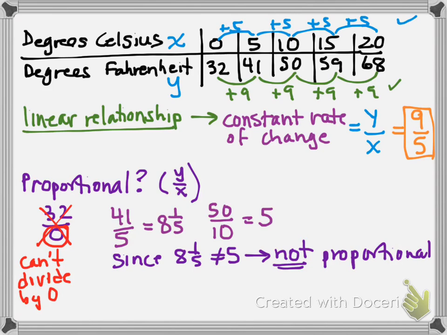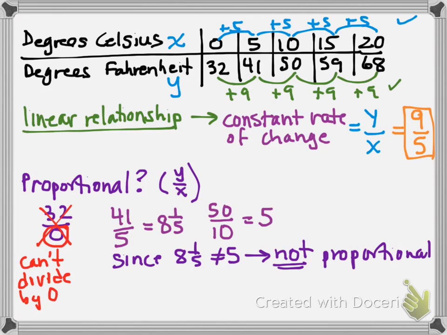Sean? For the 41 and 5, and the 50 and 10... Uh-huh. Here's my rule of thumb. I just start at the beginning, and in this one, I had one that was dividing by 0, which mathematically we can't do, so I skipped over that as a possibility. So I did the next one, 41 fifths. And then I did 50 tenths.